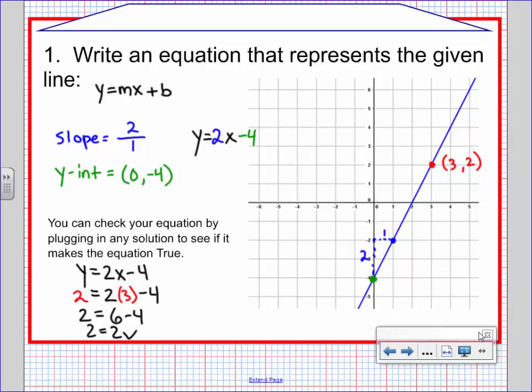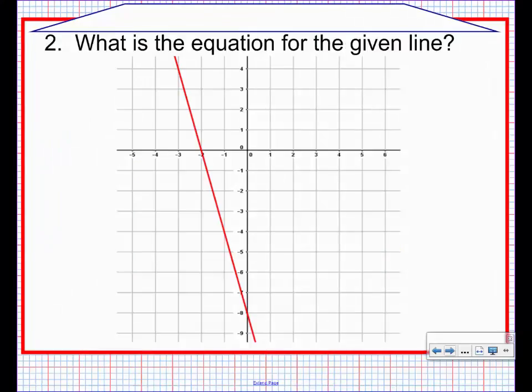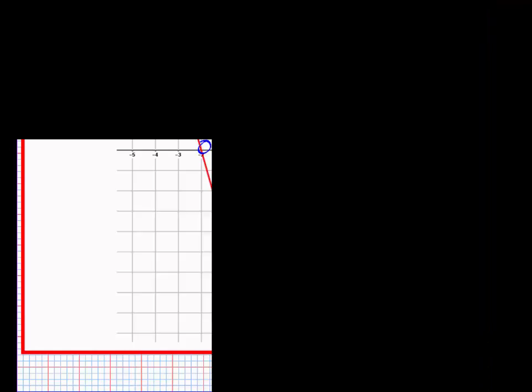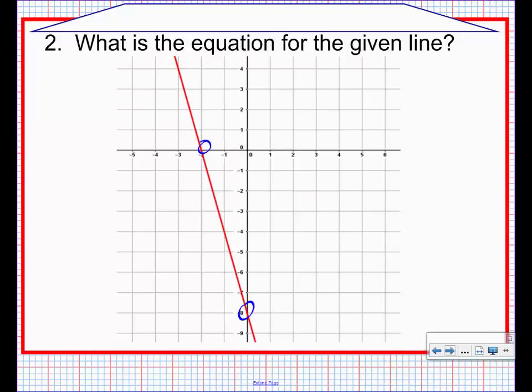All right, next equation. So this time I see that I have a line that is sloping downwards. I see two nice points here, the x-intercept and the y-intercept. So again, my slope is my change in y over my change in x. So from my leftmost point here, my change in y is down 1, 2, 3, 4, 5, 6, 7, 8.